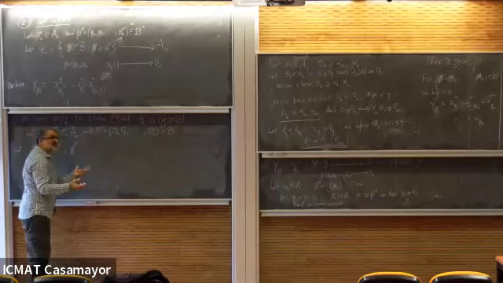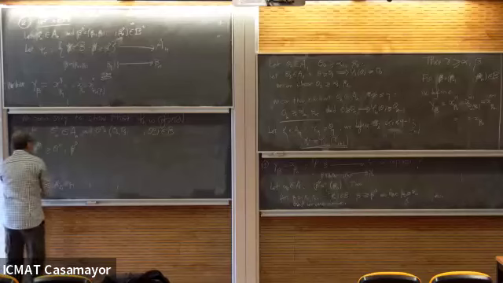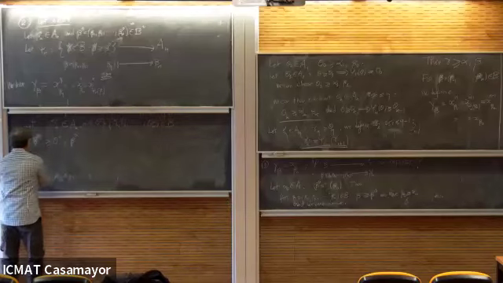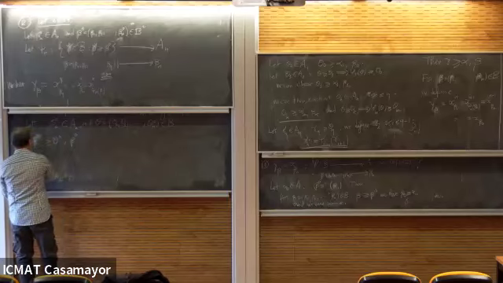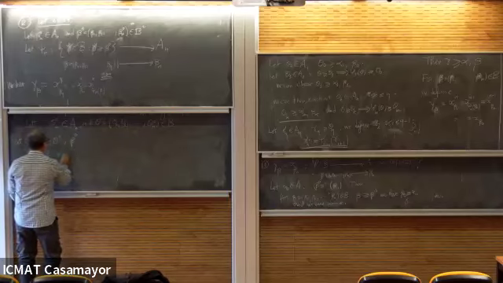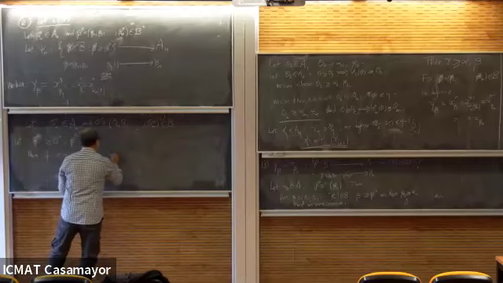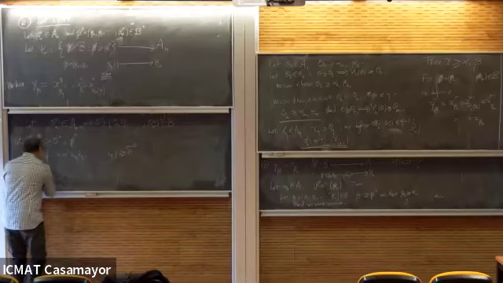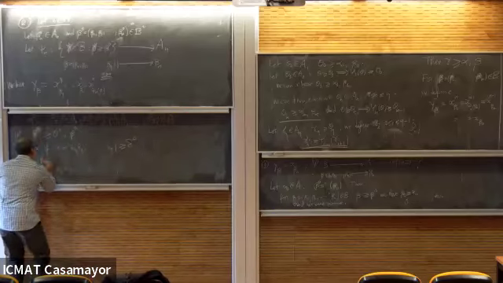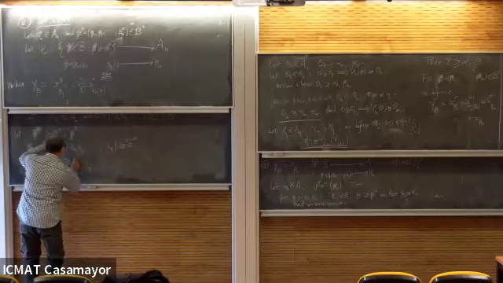This is possible because B is cofinal. And if delta equal to (delta 0, delta 1, ..., delta q) is more or equal than delta 0, then delta is more or equal than beta 0.